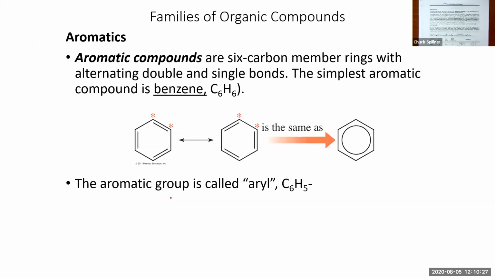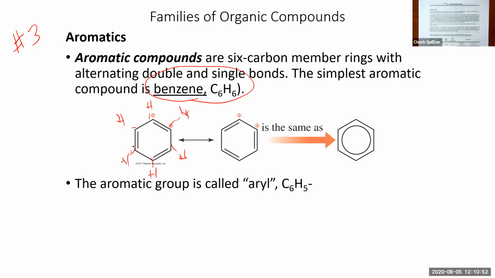Okay, the third type of hydrocarbon functional group is called an aromatic, and the simplest aromatic is called benzene. Benzene has the molecular formula C6H6, so there are hydrogens on each of these carbons.